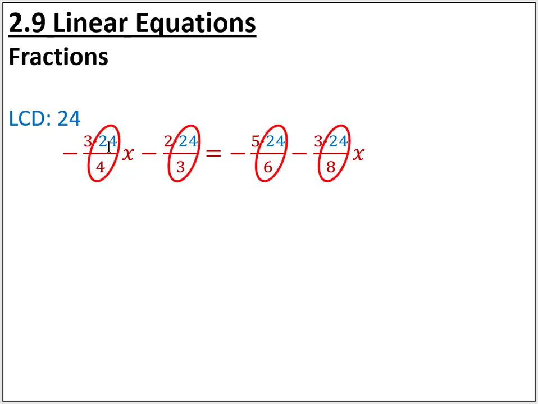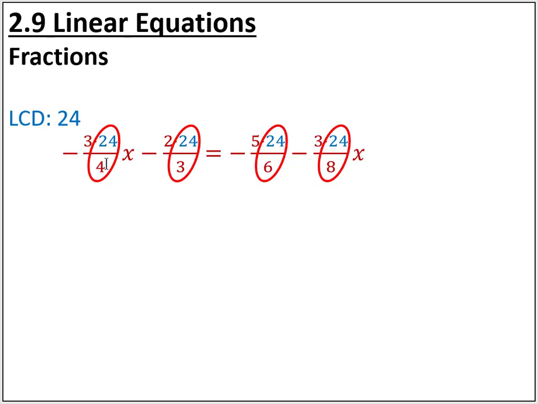So I circled the 24 and the 4 in the first fraction, the 24 and the 3 in the second fraction, the 24 and the 6 in the third fraction, and the 24 and the 8 in the last fraction. The reason I circled them is that now we can start simplifying these fractions, since in the numerator it's multiplying.